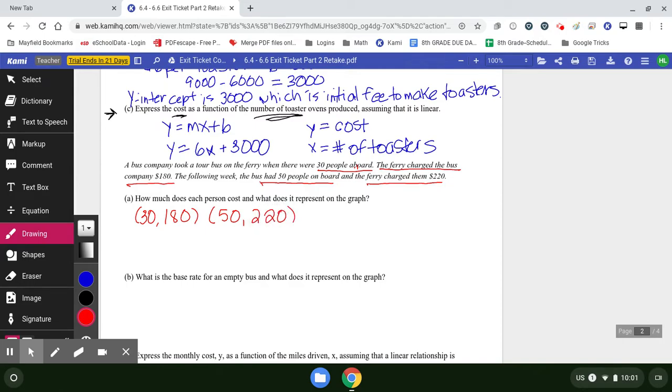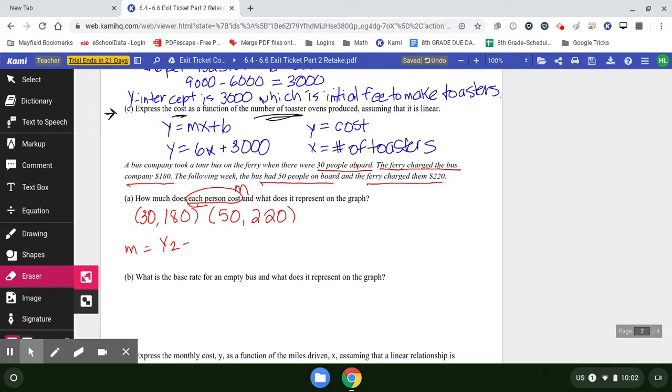So if I'm looking for how much does each person cost, I'm looking for my slope. I'm looking for my rate, my average rate of change. So I'm going to use my slope formula, y2 minus y1 over x2 minus x1.